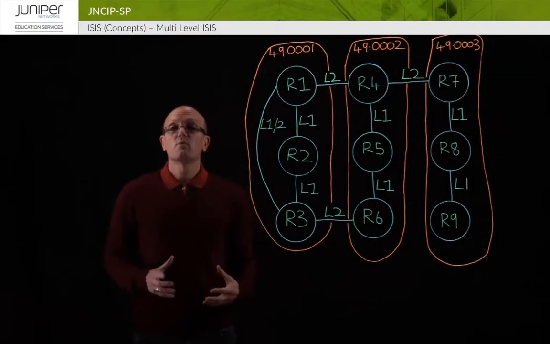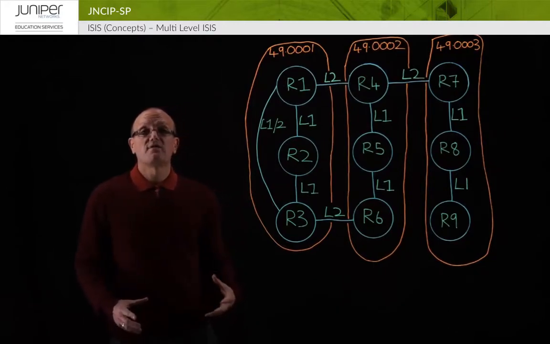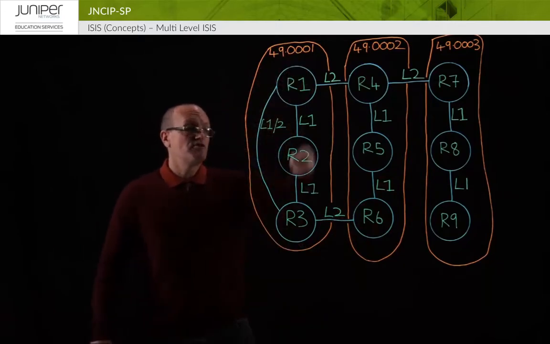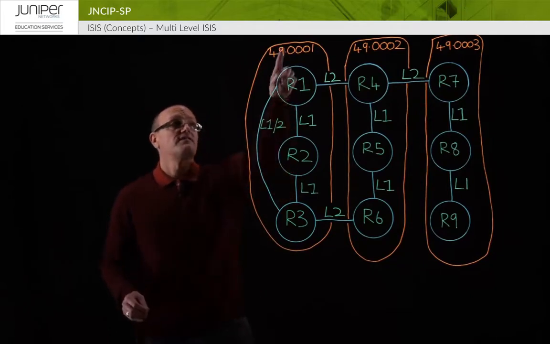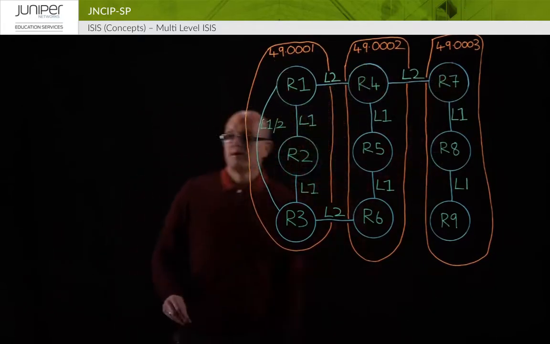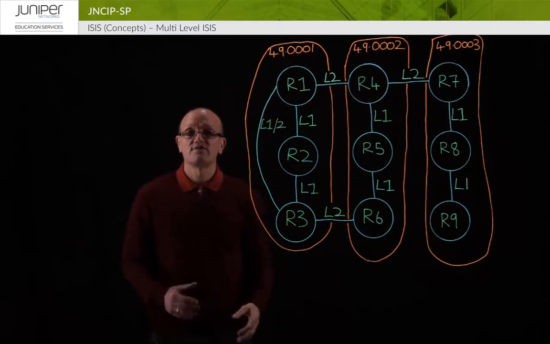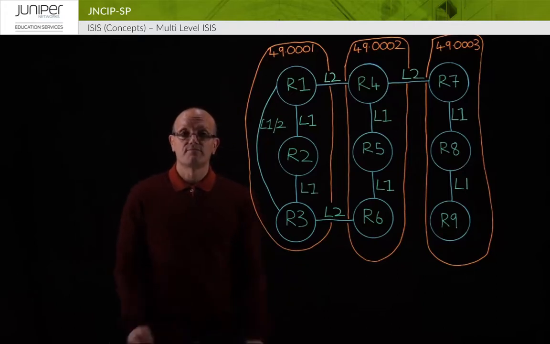In this video, we're going to take a look at multi-level ISIS, which is what we have drawn on the board here. We have 3 groups of routers, and each group of routers is configured with a different area ID. Remember that this is the most significant portion of the ISO address that you have configured on a loopback of a Juniper router.